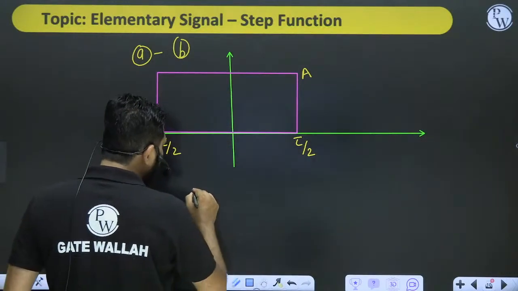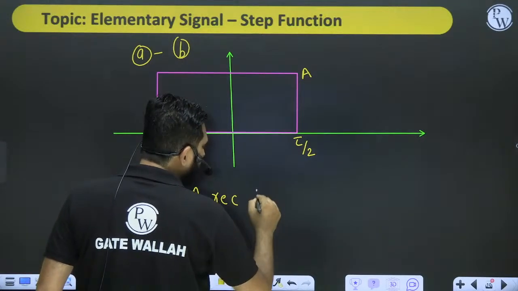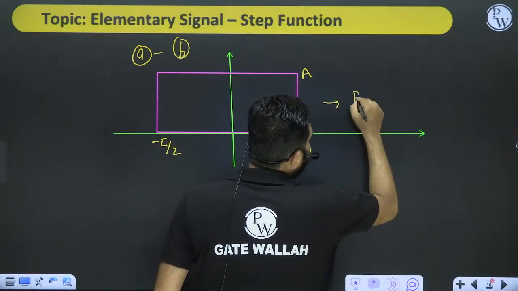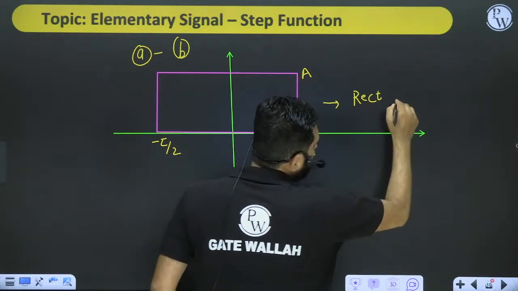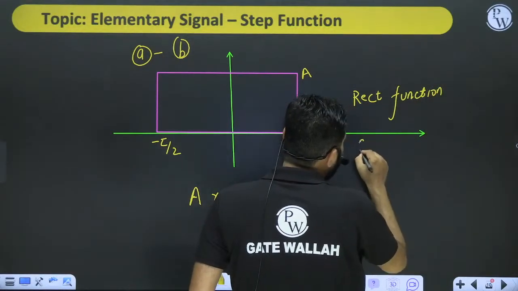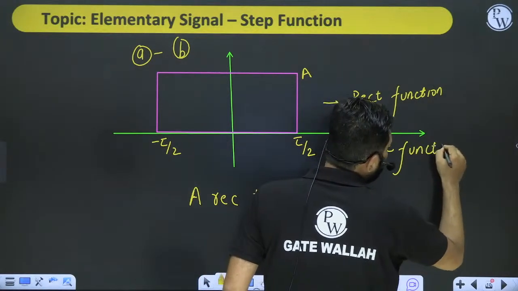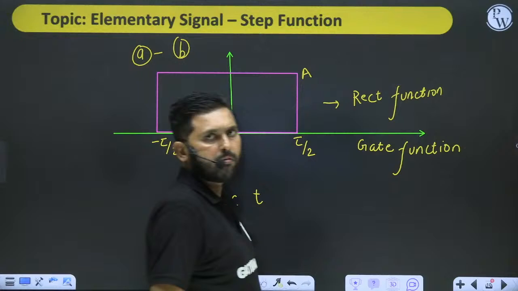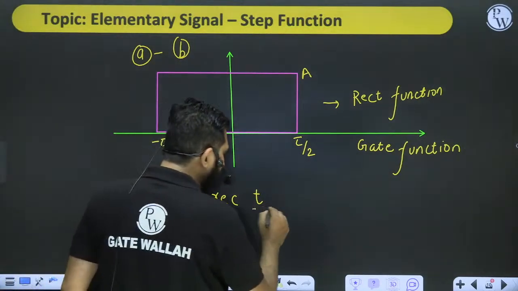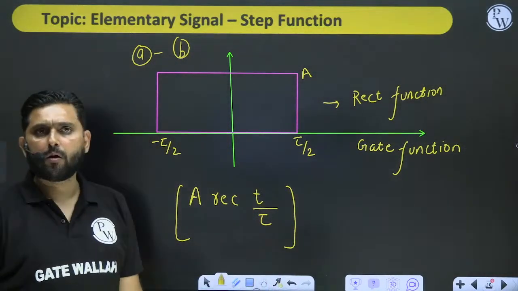Hence this is a rect function, or we will say it is what we call the gate function. So this is a rect function, a gate function, denoted by a rect t by tau.